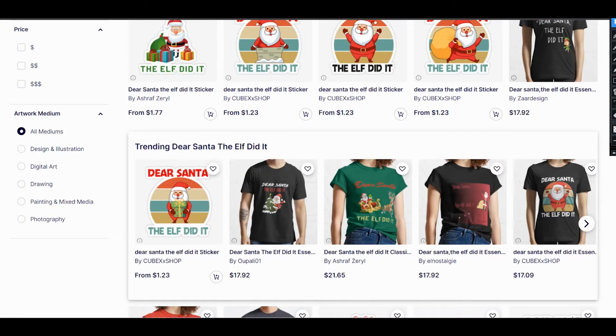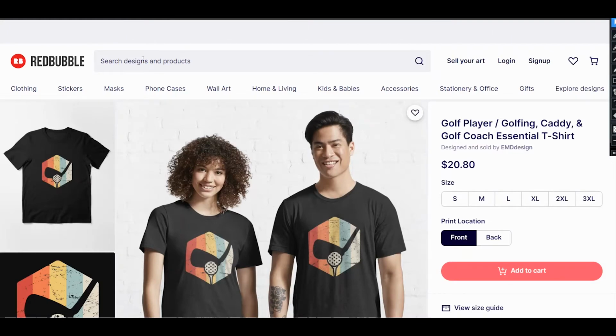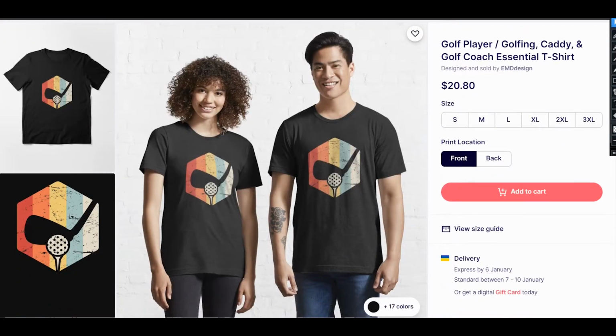The next, fourth tip will be very simple and very easy. It's about vintage styled designs. In many niches, in many design ideas, making a vintage illustration will be a good idea, like here with this golf illustration.